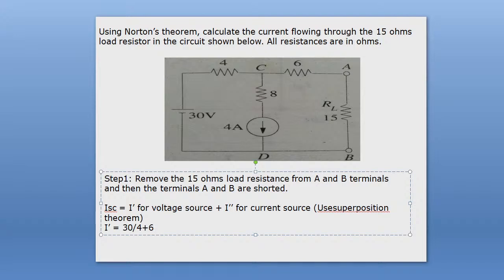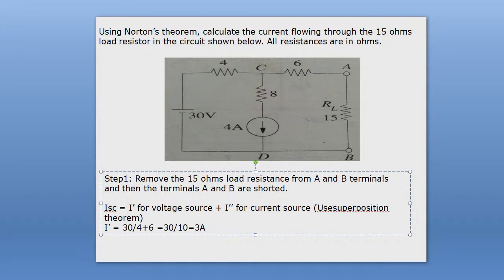So we can write 30 divided by, if we consider 30 volt voltage source and replace the current source by its internal resistance, that means infinite, that means open, so we will get a circuit having 30 volt voltage source in series with resistance 10 ohms. So therefore current equal to, for voltage source, 30 divided by 4 plus 6, that means 3 ampere.